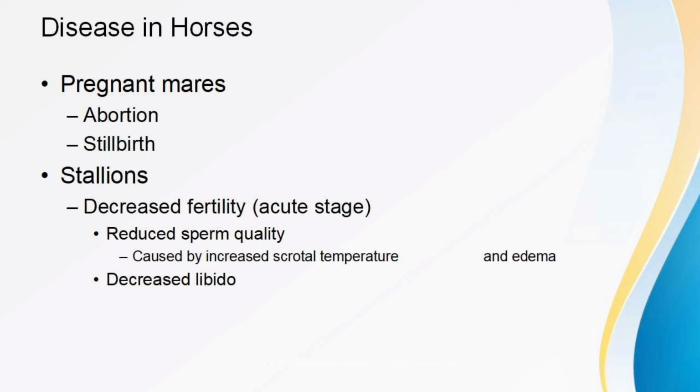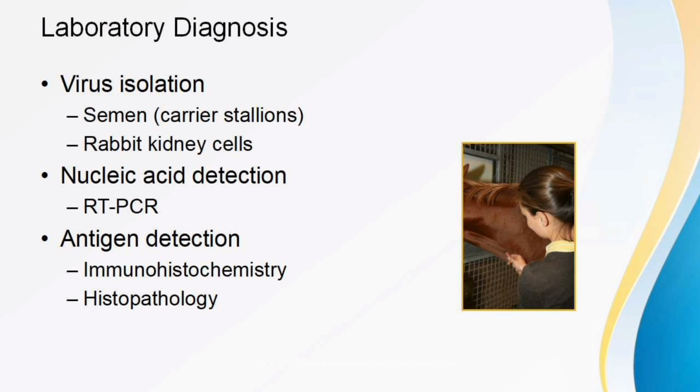Deaths are rare. In recently infected animals, equine arteritis virus may be recovered from the nasal secretions, blood, and semen, as well as from a number of tissues and fluids at necropsy. Carrier stallions can be identified by isolating the virus from the semen.